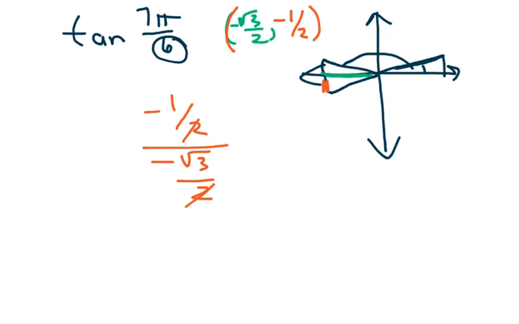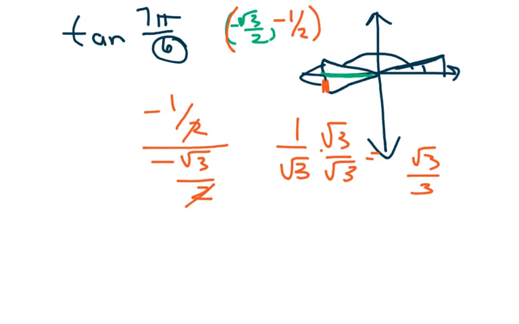Those cancel, so you're going to get 1 over root 3, and you can rationalize it, and you get root 3 over 3. So tan of 7 pi over 6 equals root 3 over 3. And that's all.